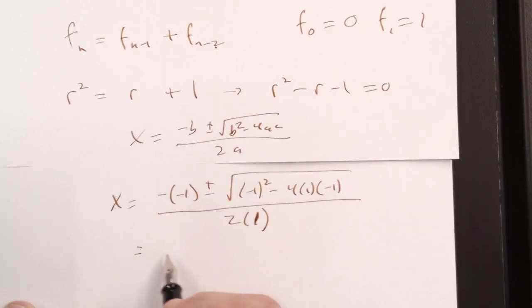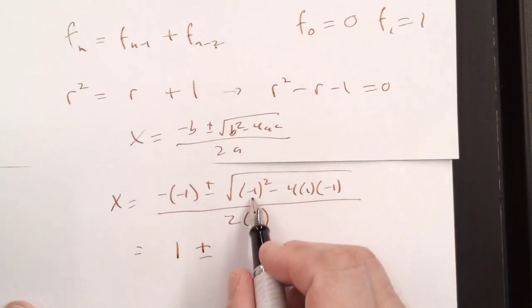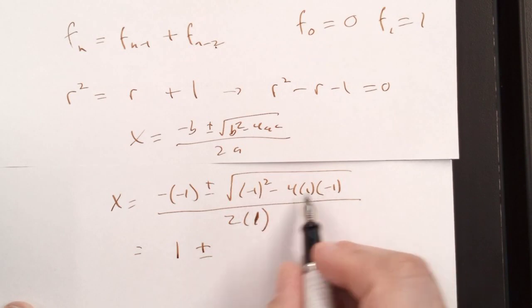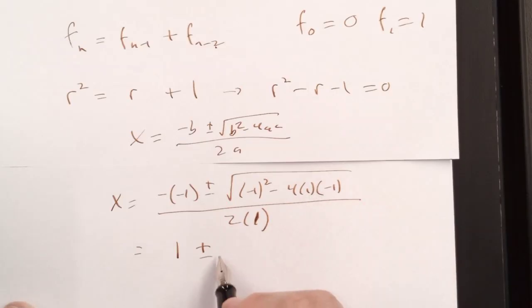Negative and negative becomes a positive. -1 squared is 1. Subtracting a negative becomes addition. Square root of 5 over 2.